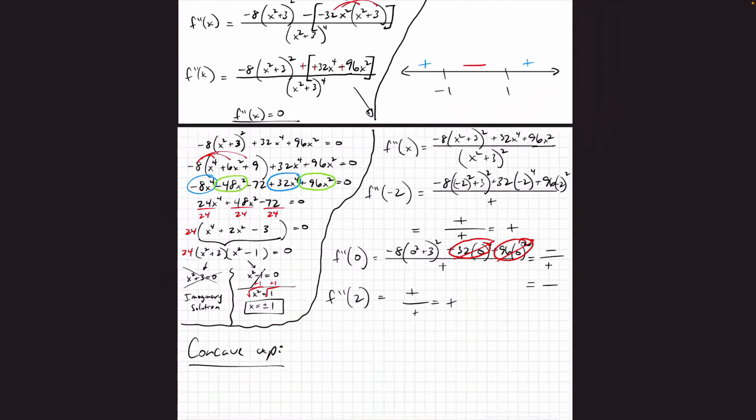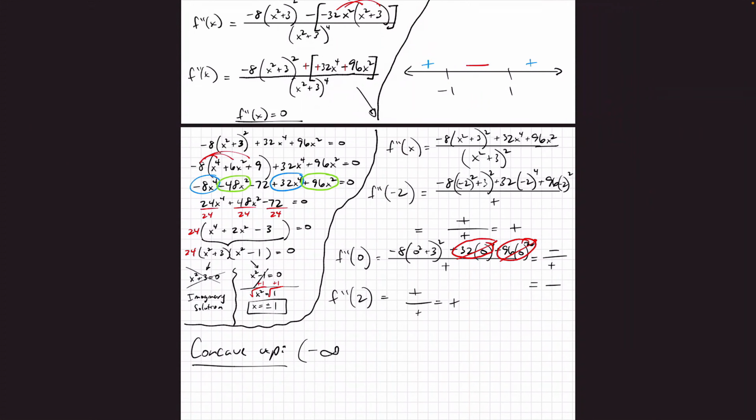All right. Concave up from -infinity to -1 or 1 to positive infinity. Concave down, -1 to +1. Inflection points.